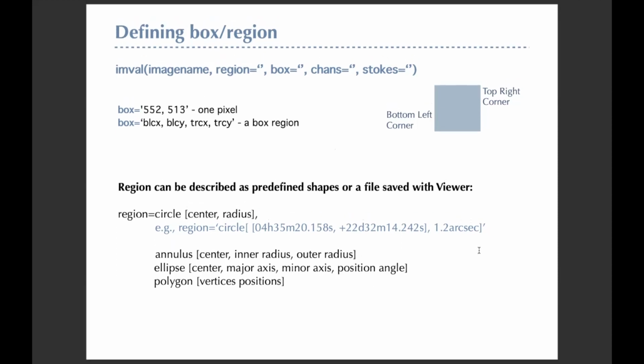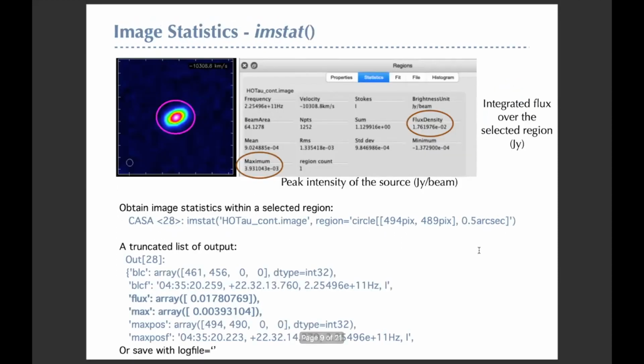Within any specified region, we can then perform simple image statistics. In this example, statistical information within this magenta region is now summarized in the region panel of the viewer interface. There are a few parameters that we should usually pay attention to.